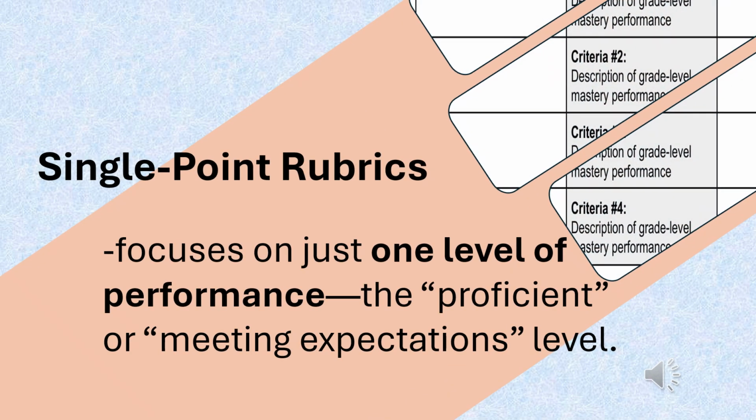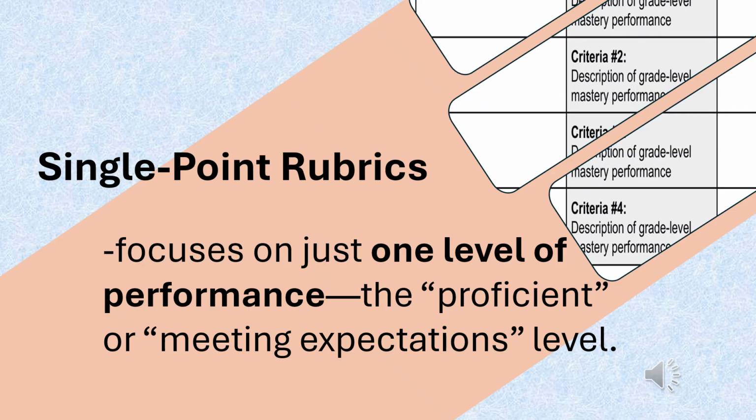Now let's have another rubric, which is the single point rubric. Unlike holistic or analytic rubrics, a single point rubric only shows one level of performance. The target standard is what it means to meet expectations.